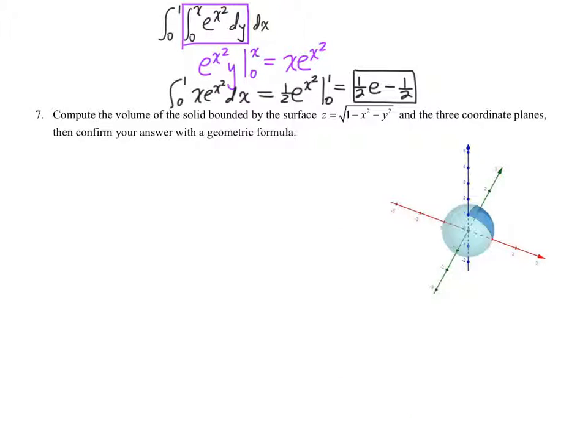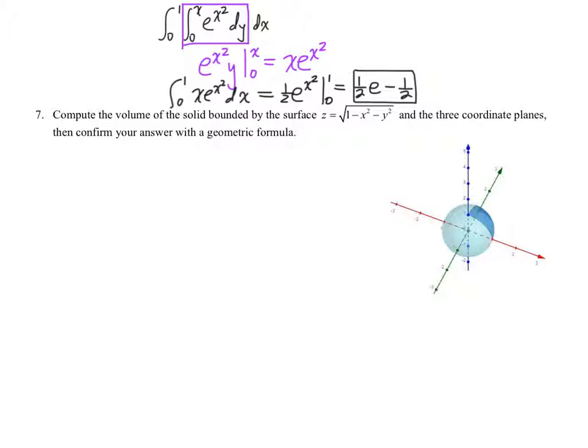All right, so we're going to compute the volume of the solid bounded by the surface and the 3 coordinate planes. The issue here is that, based on the diagram, we have something looking very much like a sphere. The 3 coordinate planes, if it's bounded, I really only want 1/4 of that sphere.